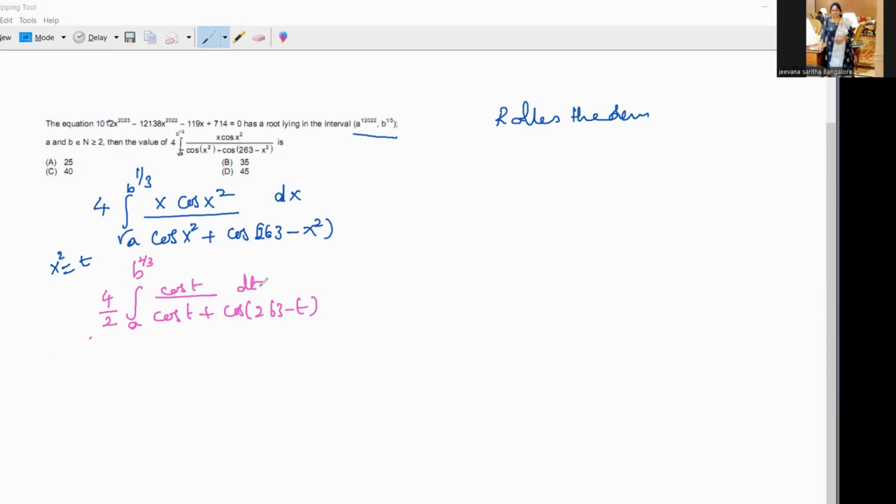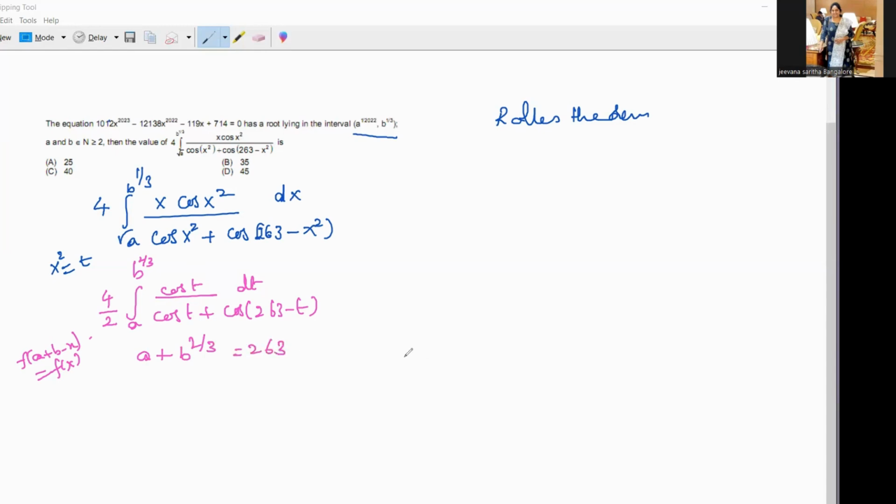We have regularly seen these kinds of questions where the a plus b minus x property is applied. It should satisfy the condition that the sum of the limits should be equal to 263. So this is the first condition.